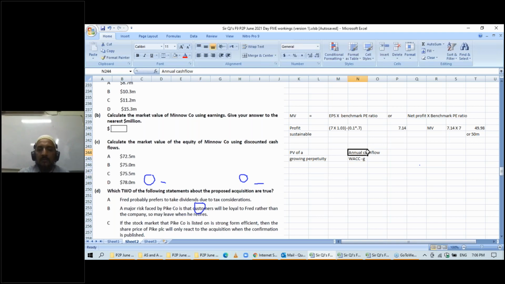This is the formula for calculating the present value. So annual cash flow is 6 million divided by 0.12, the WACC, minus 0.04.